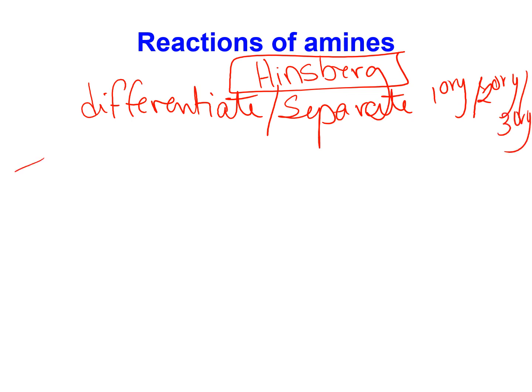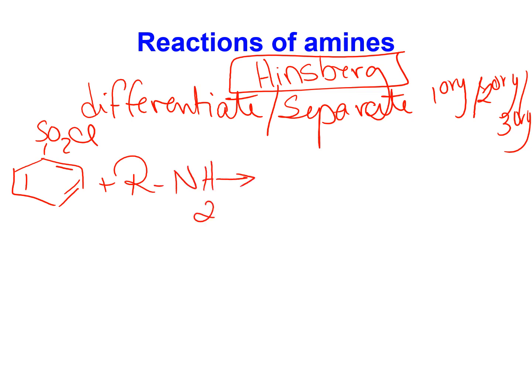If you react the sulfonyl chloride with the primary amine, you will have exactly the same reaction as we have mentioned. You will have the amine substituting the halogen in the sulfonyl chloride, giving a product which will precipitate.